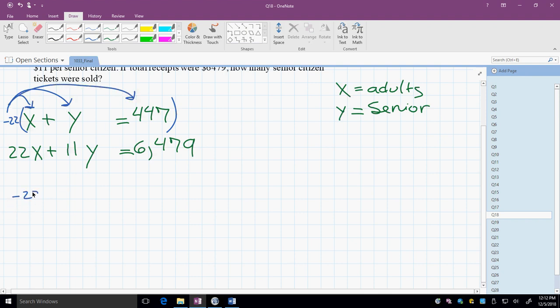Here I'm going to have negative 22x minus 22y equals negative 22 times 447, which is 9,834. Now I have 22x plus 11y equals 6,479.